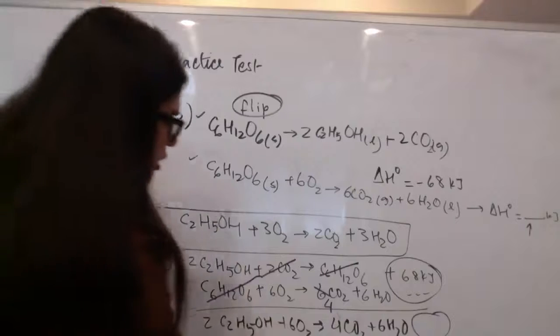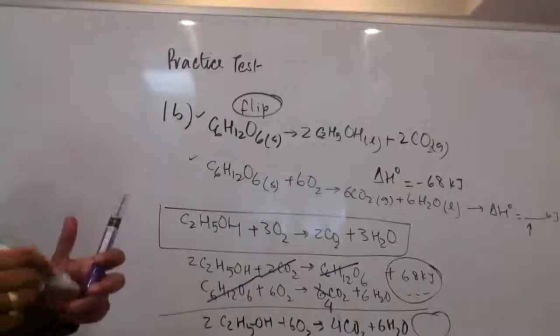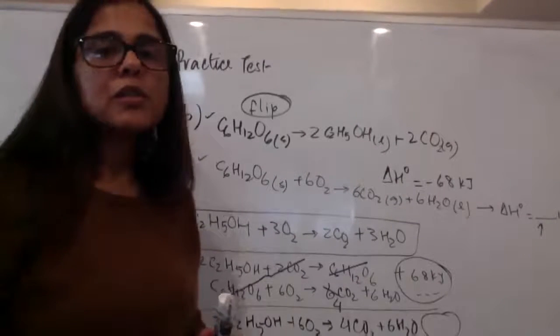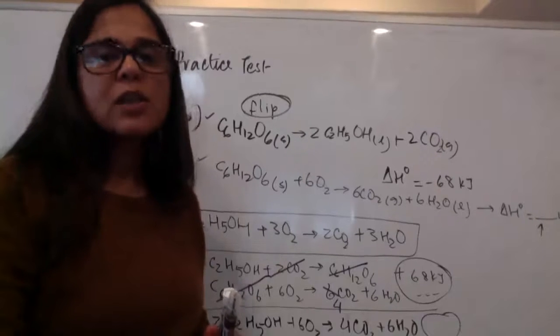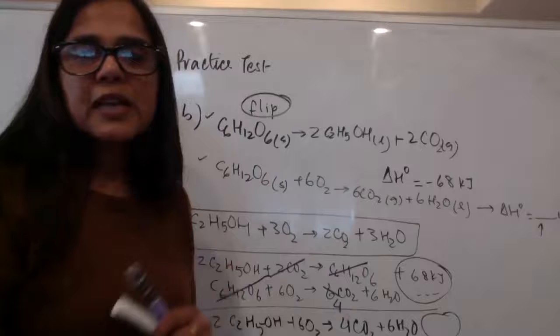But this is exactly double what you need. So you divide this whole equation and this value by half, and then you get your desired equation. So this is using these two equations, using Hess's law, to come up with the answer for your desired value.